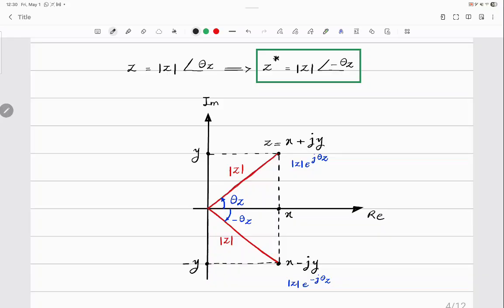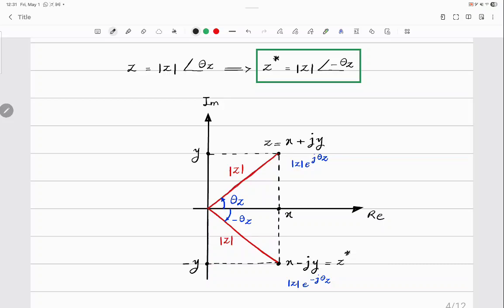How about the vertical distance? If the original one is y, the conjugated one is negative y, right? So this is called z conjugate, shown by an asterisk above z. Okay? This is called z conjugate.